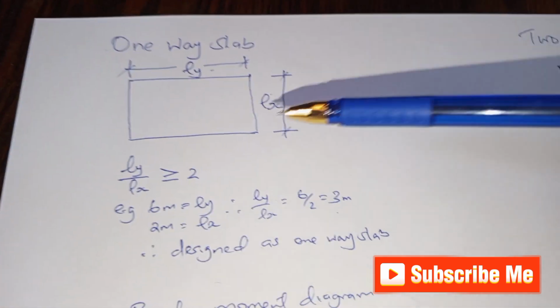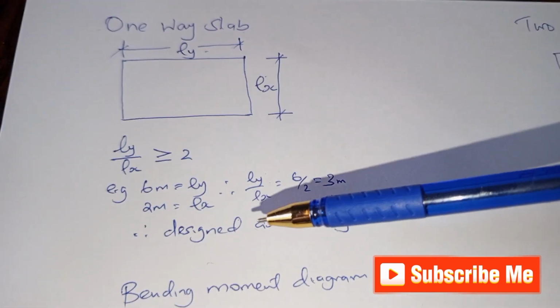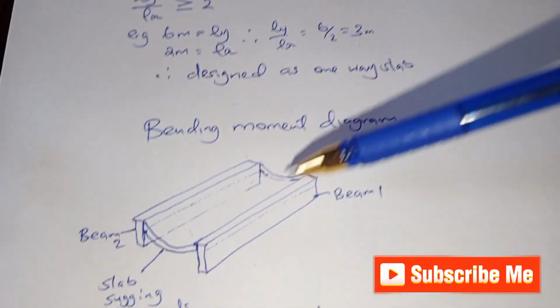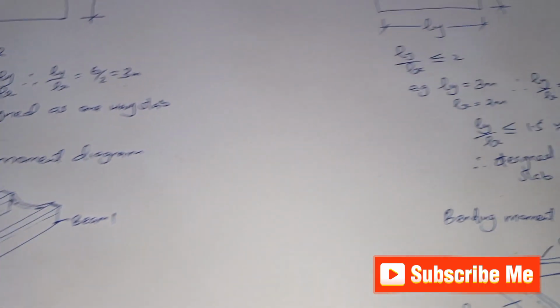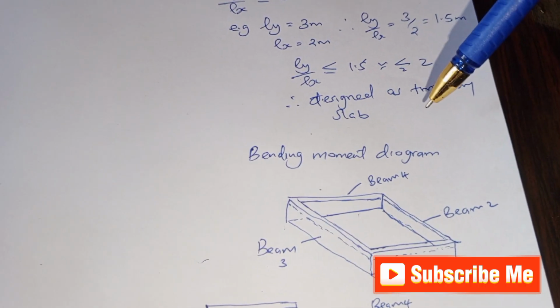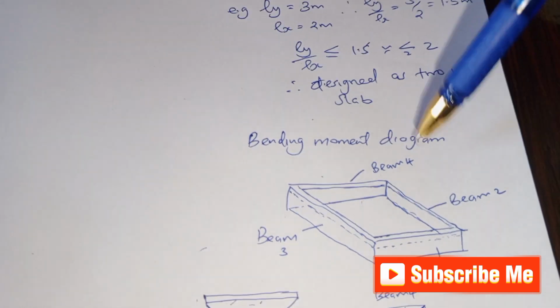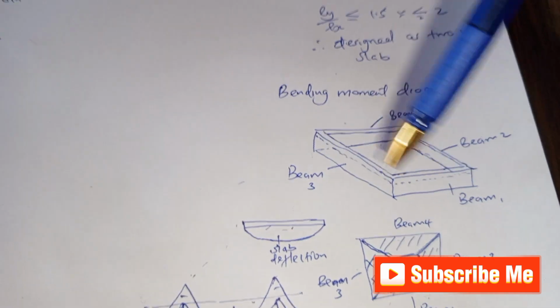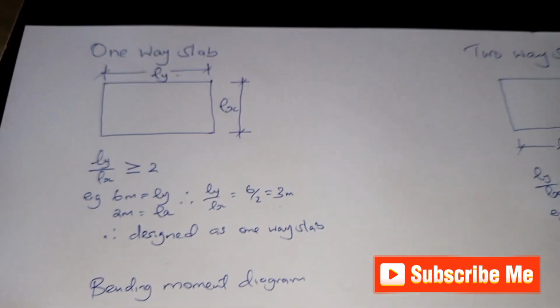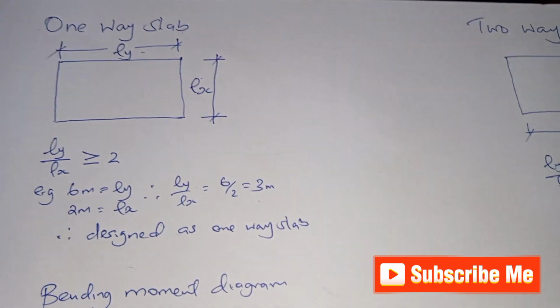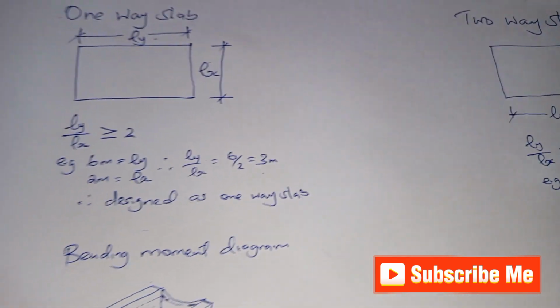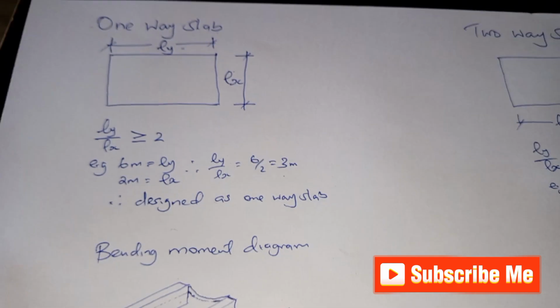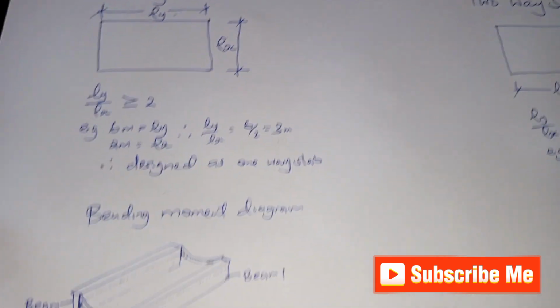And in a one-way spanning slab, the load is carried along one direction, and in a two-way spanning slab, the load is carried in four directions, as I have shown in this explanation. So that is how we determine whether a slab is a one-way spanning slab or a two-way spanning slab, and those are the differences between them.